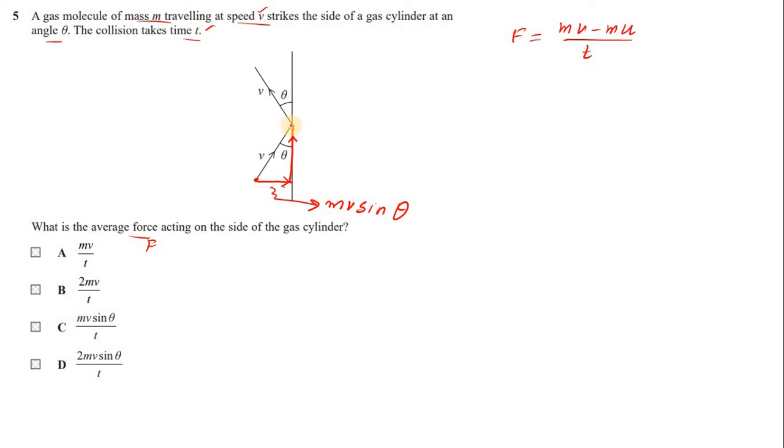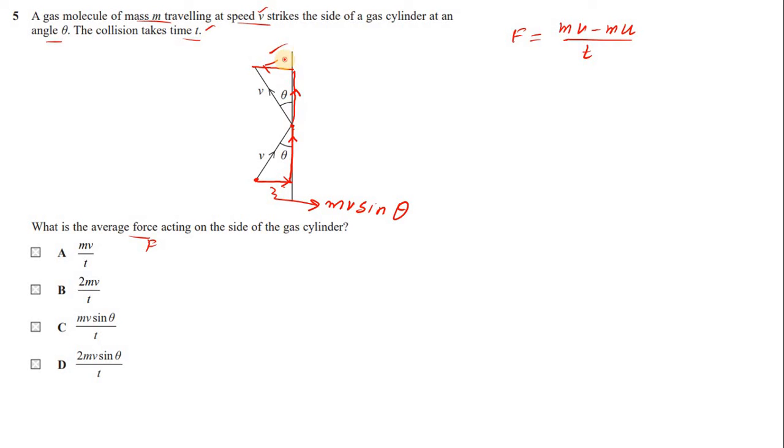Now after collision, this is the direction of the new, final momentum. You can figure out this is the perpendicular component. Of course, you also have a parallel component, but the parallel component is not going to apply any force. So this is the change in momentum, the new component.